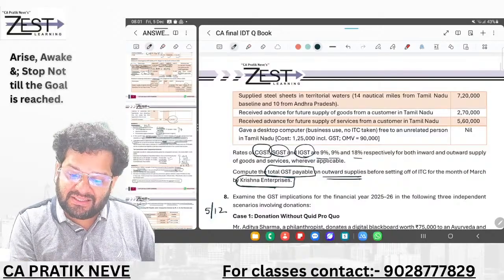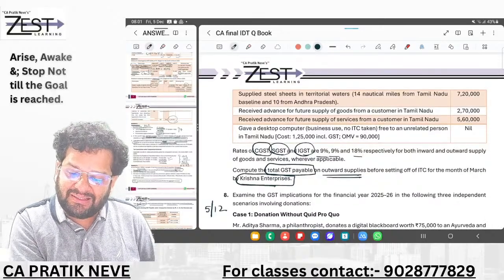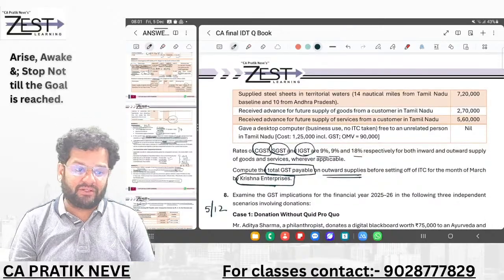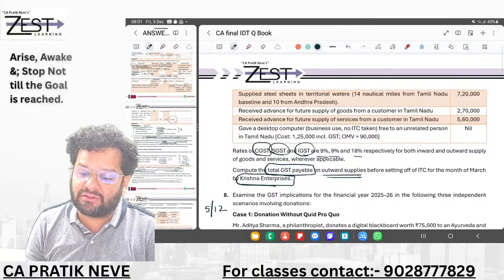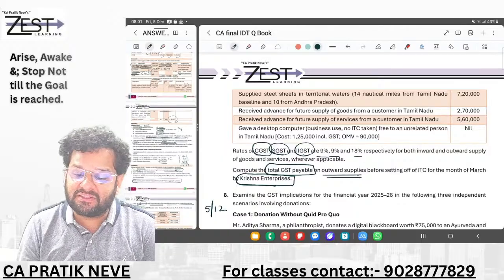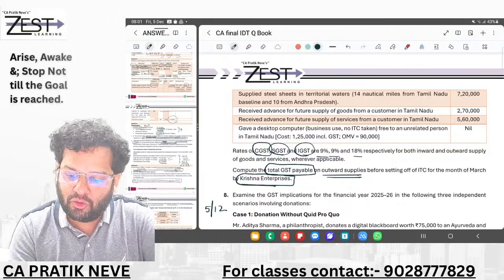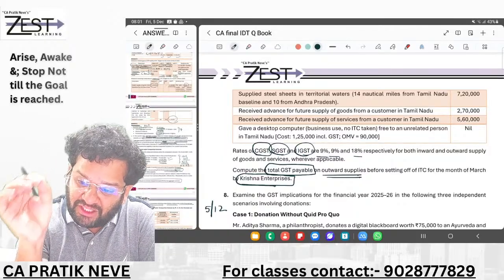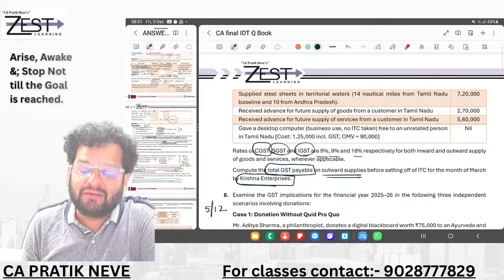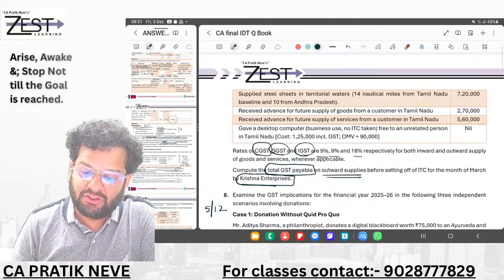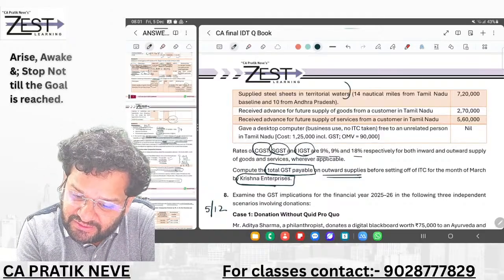Supplied steel sheets in territorial waters. Very interesting. Supplied some steel sheets in territorial waters, 14 nautical miles from Tamil Nadu baseline and 10 from Andhra Pradesh. So basically, it's in territorial waters.